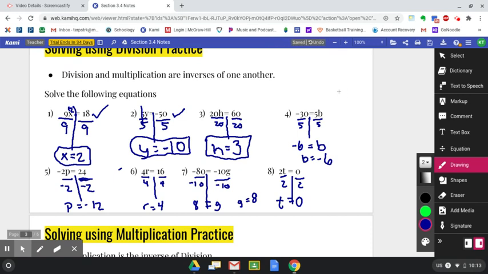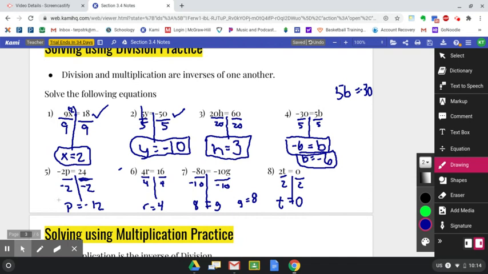Some of you may want to write that as 5b equals negative 30, just to always have your variable over there, but it doesn't matter. Divide both sides by 5, you should get negative 6. Remember, answer keys will probably put the variable first, right? These two are saying the exact same thing. To check that out, 5 times negative 6 will give me negative 30.